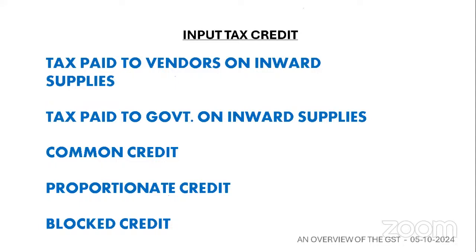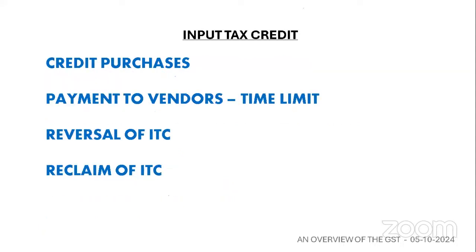Examples are the motor car, the motor vehicle which can carry less than 13 people. Say, for example, every GST dealer will buy one car either for personal use or for business use. The GST paid is 28% plus 17% cess, 45% GST paid. It is not allowed because it is blocked.